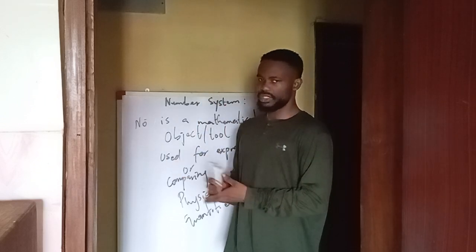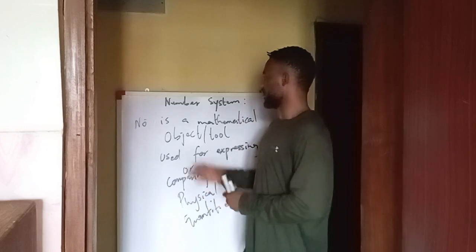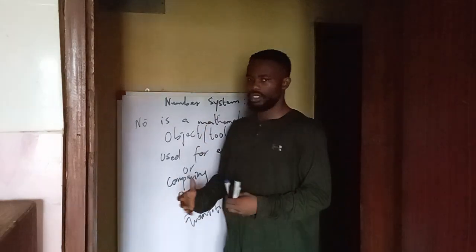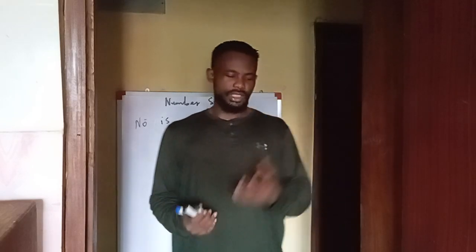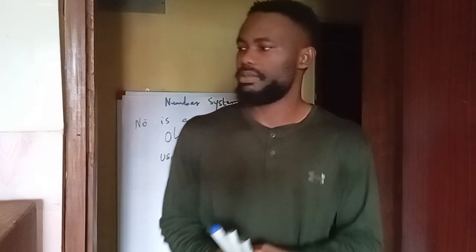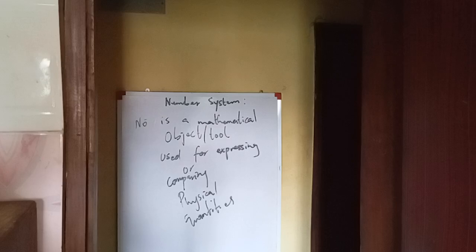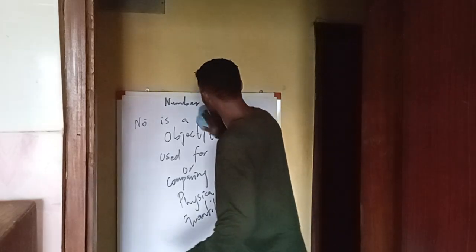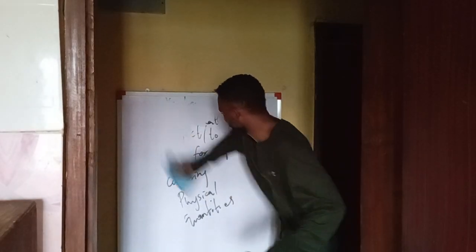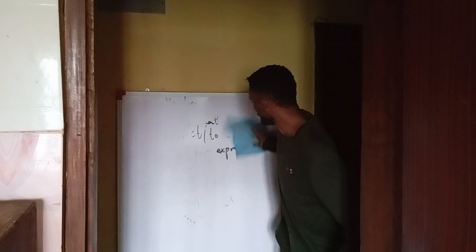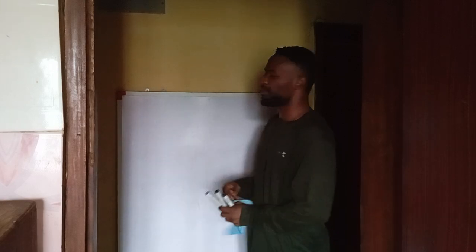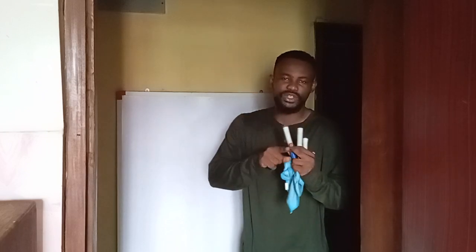As we progress in this course, you get a clear understanding of what I'm talking about. But generally, in overview, we know that there is what we call the natural number system. I've seen some people, whenever they are talking about number system, they are thinking of it under number base.